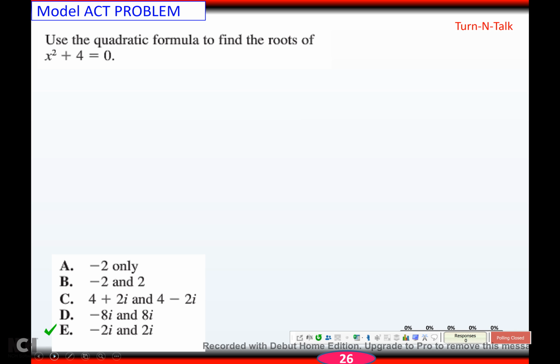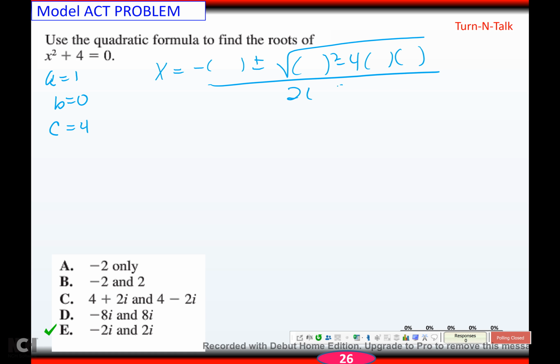Alright, it wants us to use the quadratic formula to find the roots. Well, in this case, A would be 1, B would be 0, because there's no x term, and C would be 4. So x equals negative b plus or minus the square root of b squared minus 4ac all over 2a. So if we plug our numbers in, b is 0, a is 1, and c is 4.